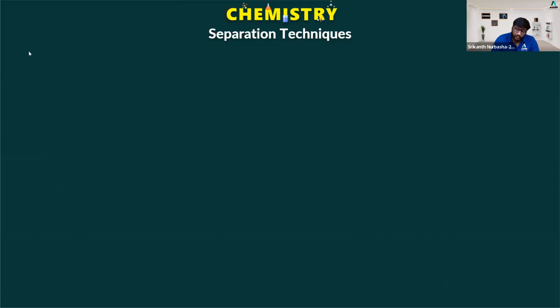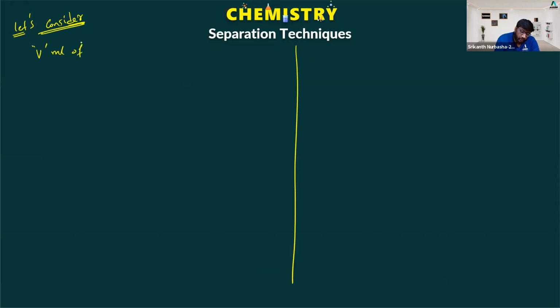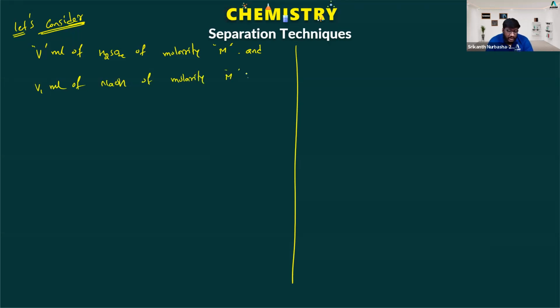Let us consider capital V ml of H2SO4 of molarity capital M, and V1 ml of NaOH of the same molarity M. I have considered how many ml of acid, students?